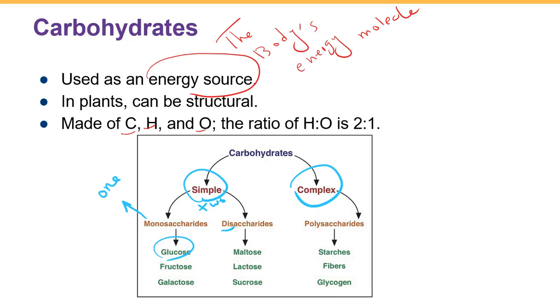And then let's talk about the complex type of carbohydrate. Complex carbohydrates are called polysaccharides, which means they are made up of many sugar units joined together. We have three types. Starch is the energy source in plants; in plant cells, like potato cells, we have starch.